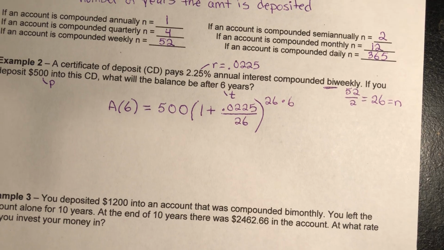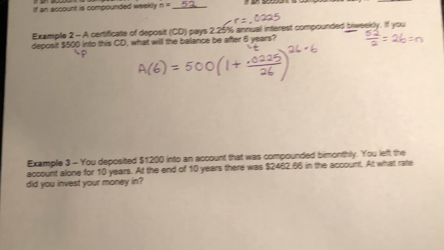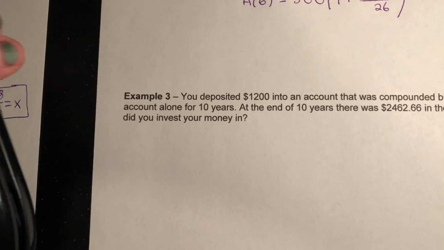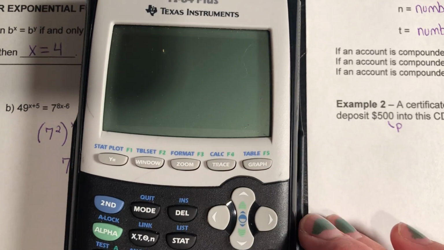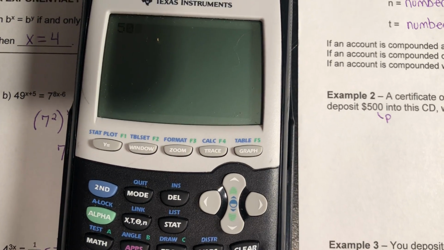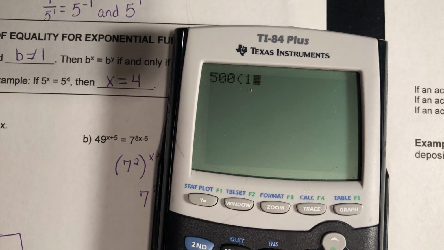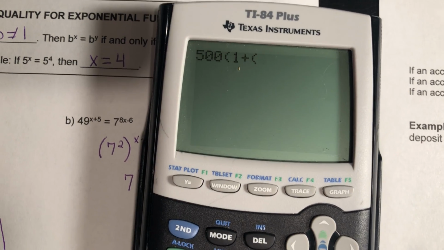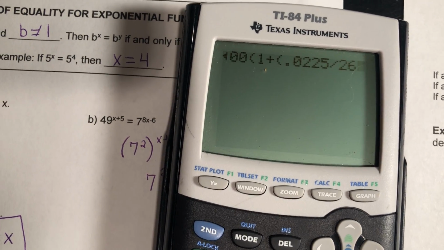And so if we put that into our calculator, let me show you how to do that right here. Oh, sorry, my calculator is moving. All right. So if we put that into our calculator, we have 500. So you can actually see it this time. 1 plus, we're going to close those parentheses right there, 0.0225 divided by 26.